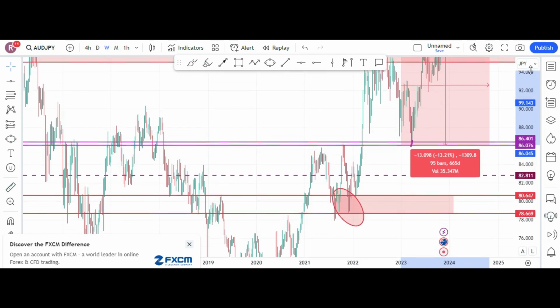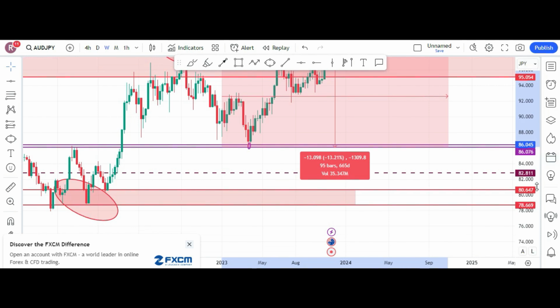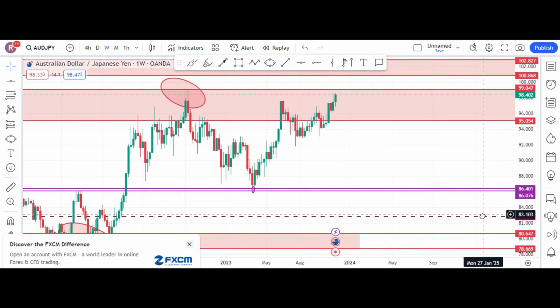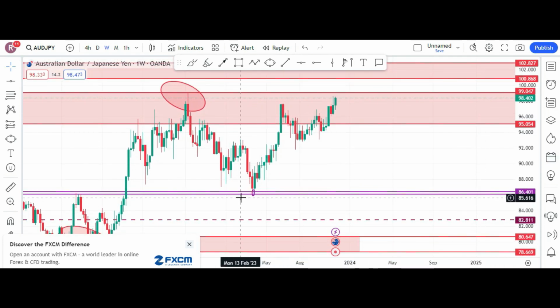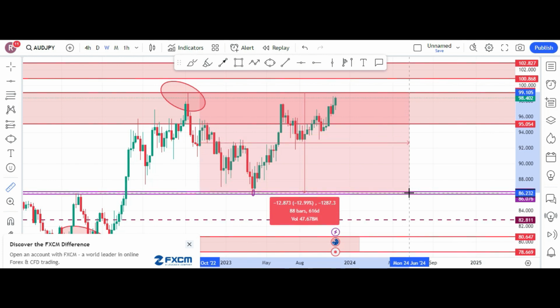Interesting, it has also fulfilled its journey of this double bottom in 4 hour, which we tried to find, that it has fulfilled its journey of 50% here. I beg your pardon, it went up more than 50%, and it created another double top here.